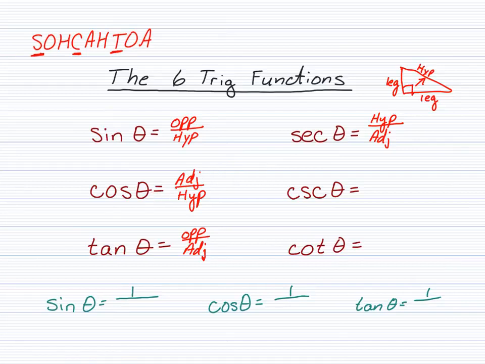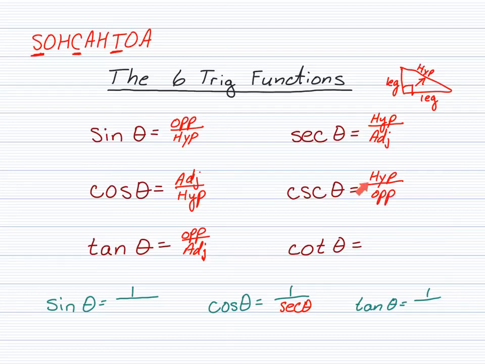So cosine is equal to 1 over secant of theta. The next ratio is for cosecant, and that ratio is the hypotenuse divided by the opposite leg.